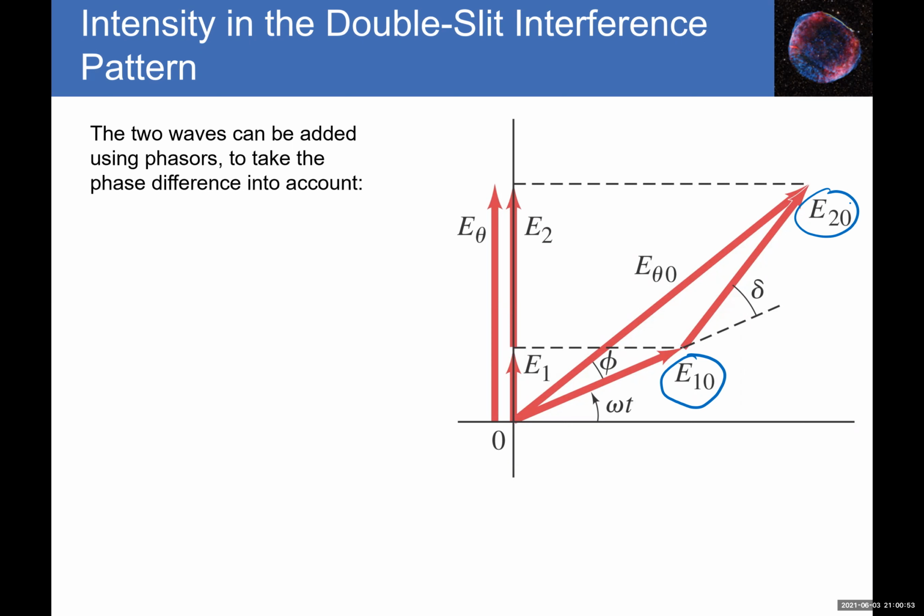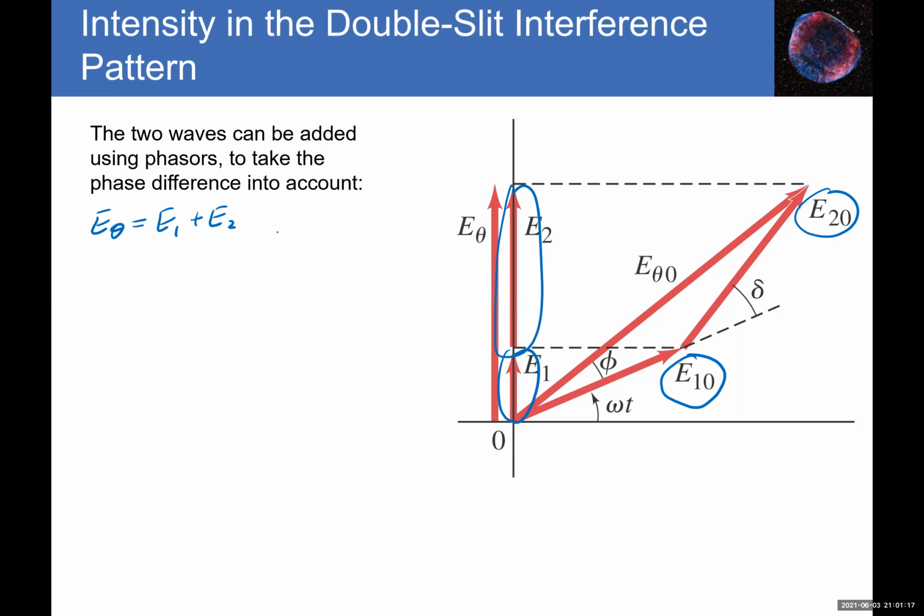From here, if I'm looking at the projection of them on the y-axis, this becomes E1 and this becomes E2. Then E as a function of theta will be the sum of E1 and E2.